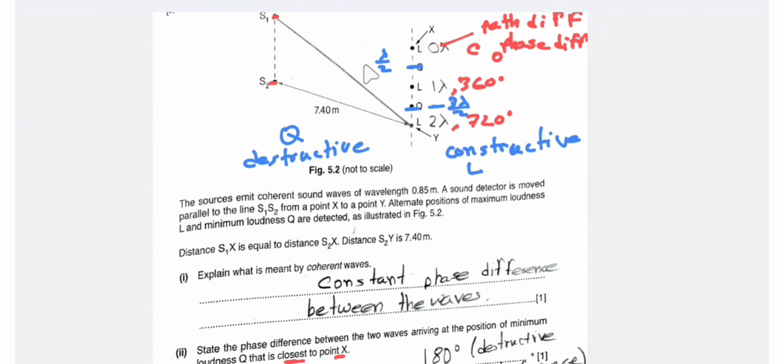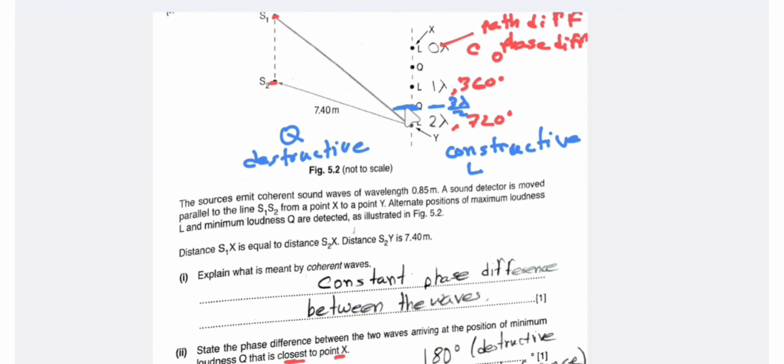And what is the phase difference? The phase difference would be 180 degrees for destructive interference, since for constructive interference the phase difference is 360 degrees. For this quiet sound, 360 degrees from loud to loud, and then from the next loud to the quiet is 180 degrees.